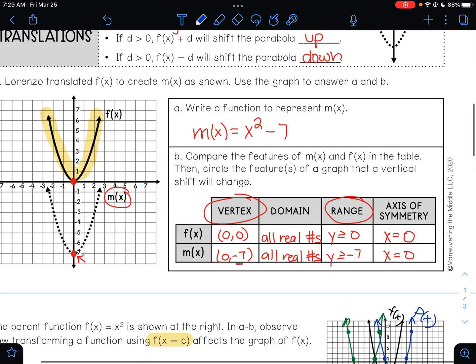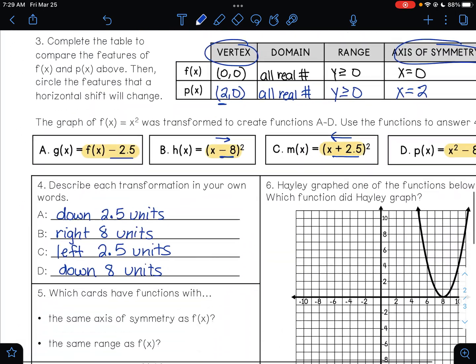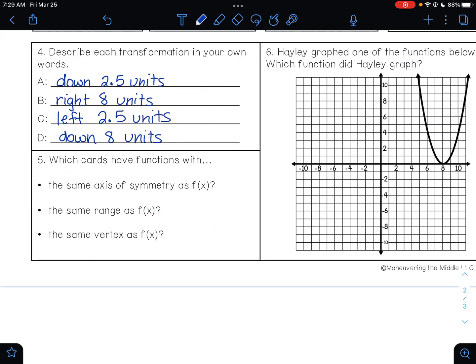But when we moved it up or down, the axes of symmetry were the same. So we want something that's moving up or down to have the same axis of symmetry. That would be card A and card D, because when we move it vertically, the axis of symmetry did not change.